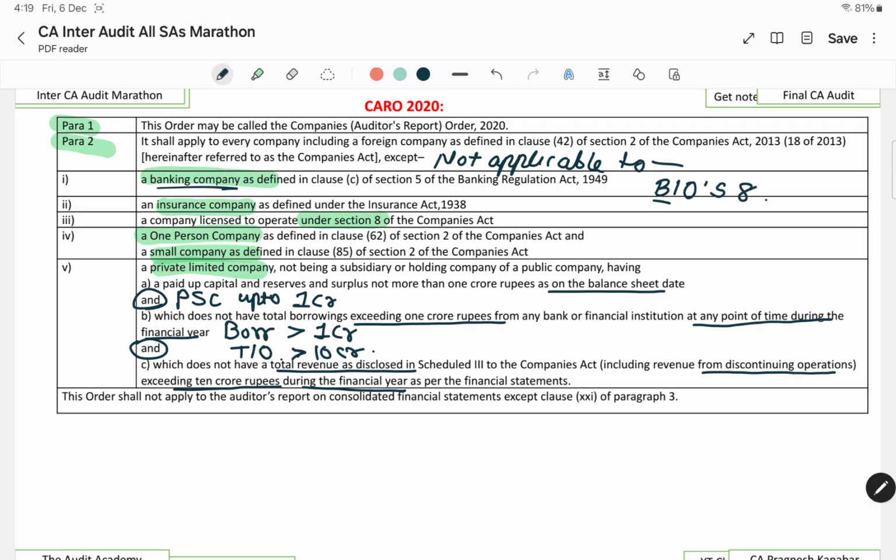B is for banking company, I for insurance company, O for one person company, S for a small company, and P for a private company, and 8 is for a Section 8 company licensed under Section 8 of the Companies Act. The next is: this order shall not apply to the auditor's report on a consolidated financial statement except clause 21.